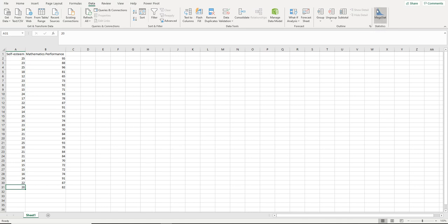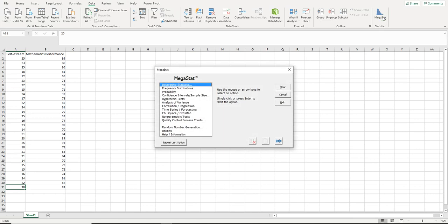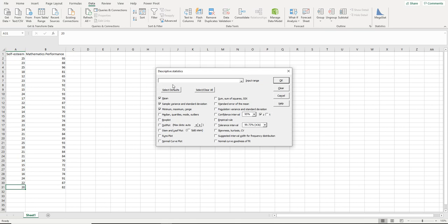So you click MegaStat, and first we're going to have the descriptive statistics, and then you can check whatever you want here, as long as it has relevance to the study or to the investigation.